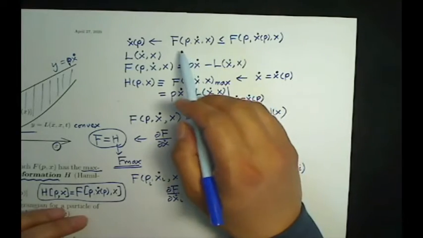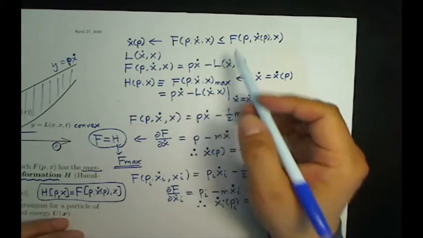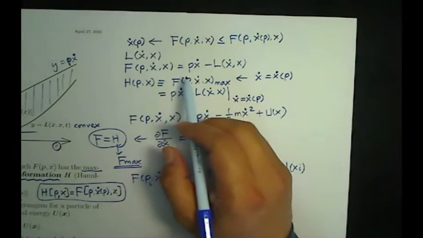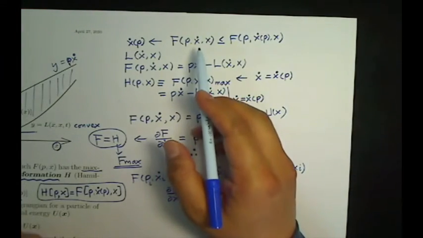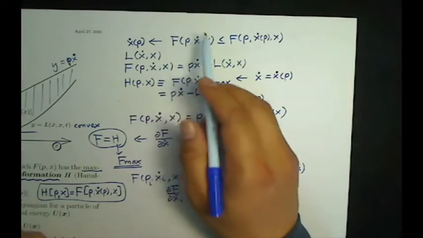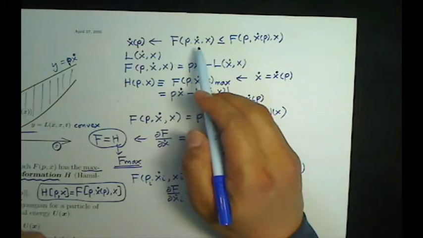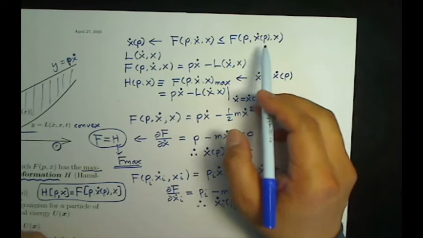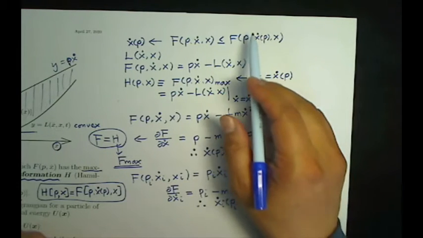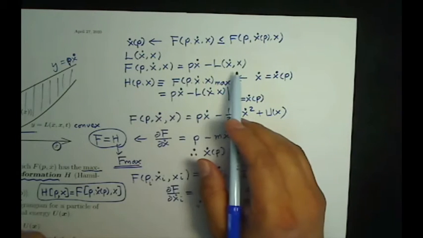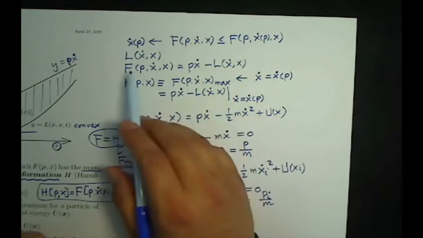So the f function, that is p x dot minus the Lagrangian, varies depending on x dot, and it becomes the maximum value when x dot is replaced with x dot p. The value of x dot p can be obtained by taking the partial derivative of this f function.